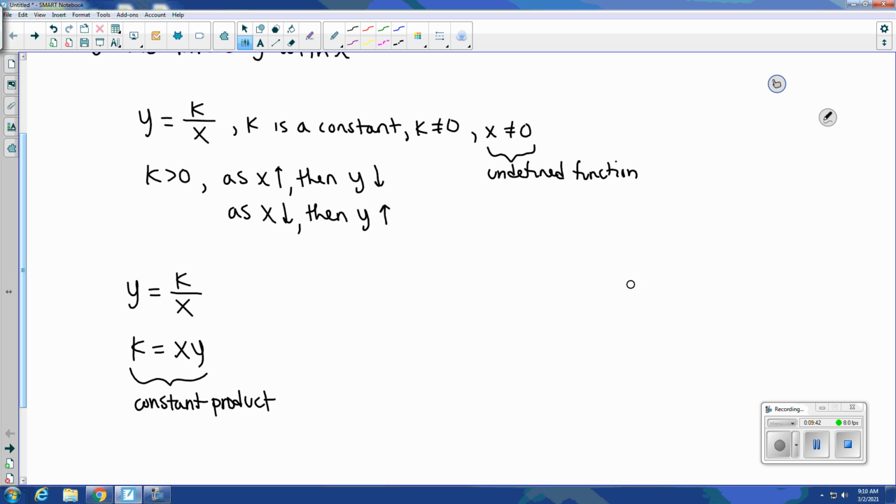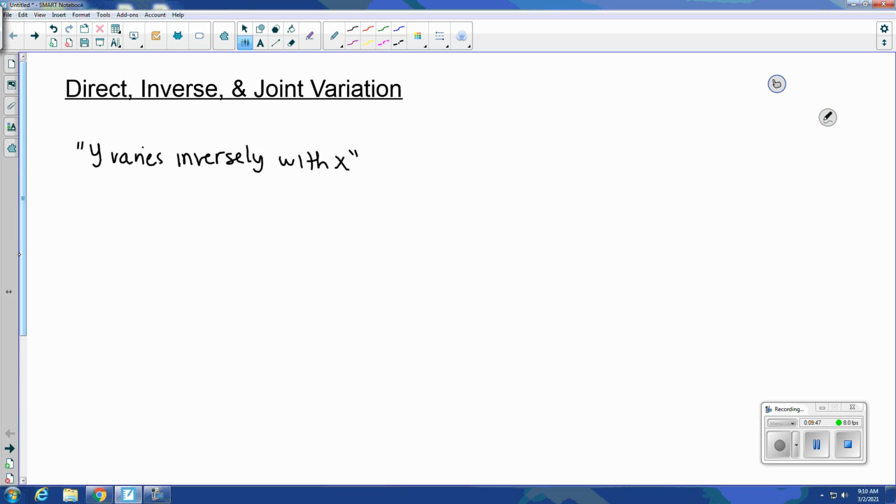Now let's jump over to joint variation. Joint variation is going to be a relationship between three variables. So we'll have y varies jointly with x and z.